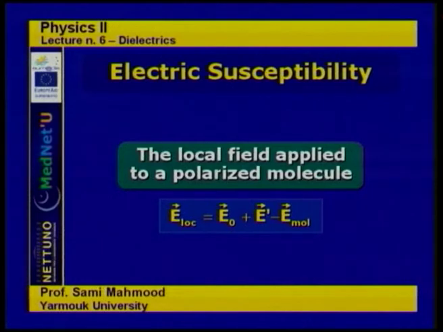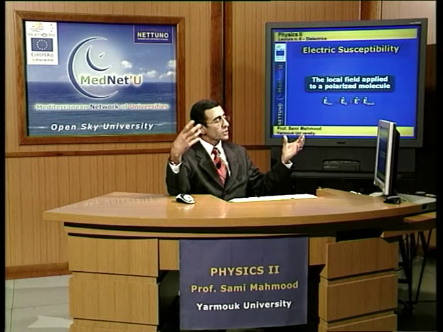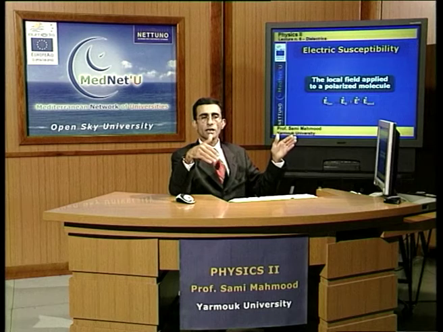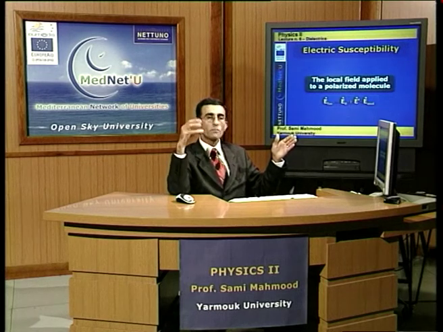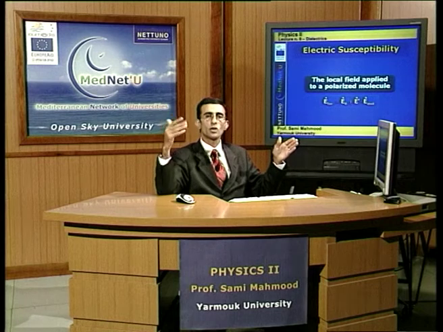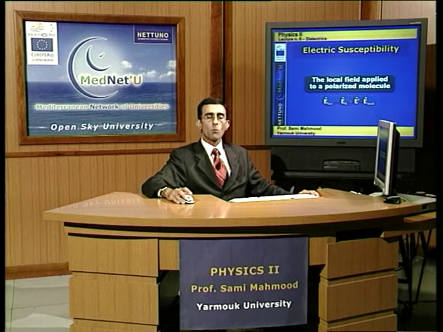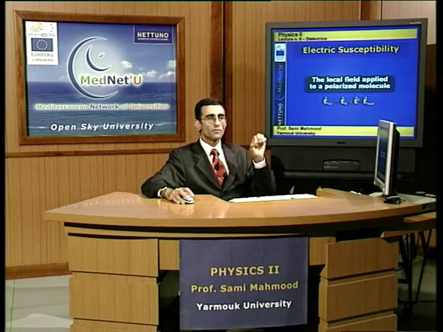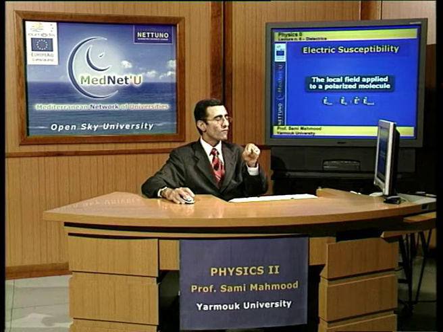E prime is the field introduced by the external charges, but due to bound charges. Then E naught plus E prime can be called E, the total external field, external to the molecule, but distinguished into two parts, one coming from the free charges, like in metals, and one from the bound charges, like the surface charges or the volume charges in a dielectric, minus E submolecule, which is the molecular field. This is the local field at the location of a given molecule.